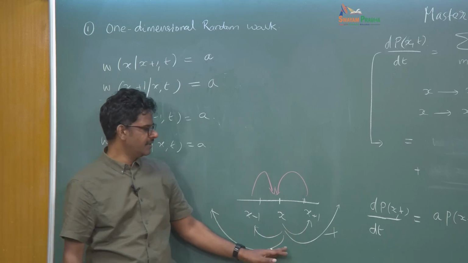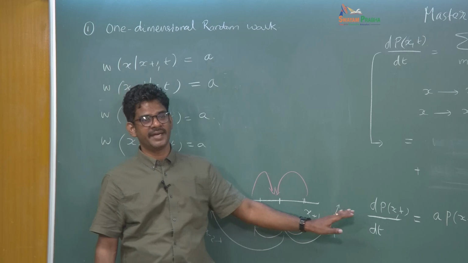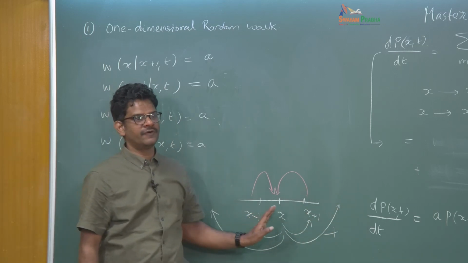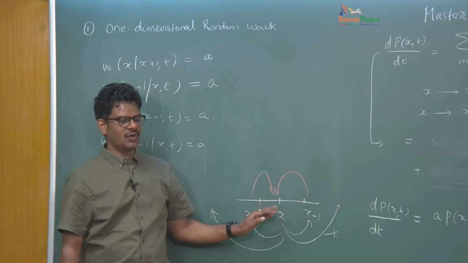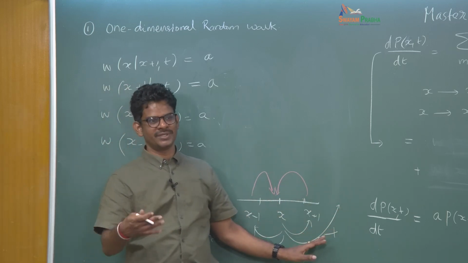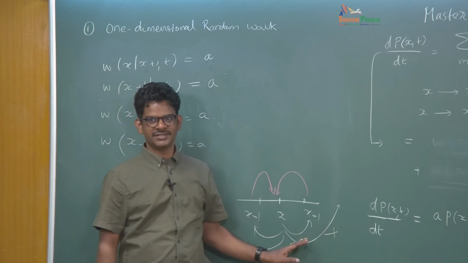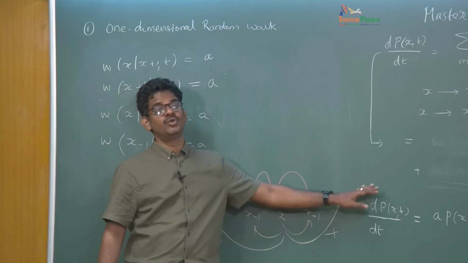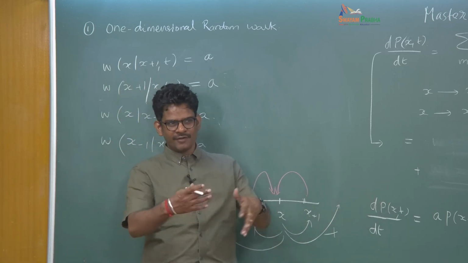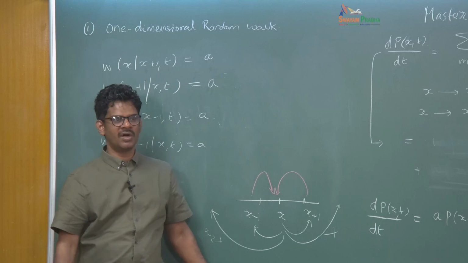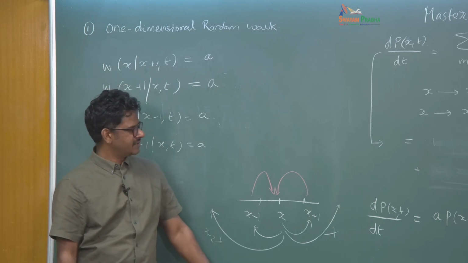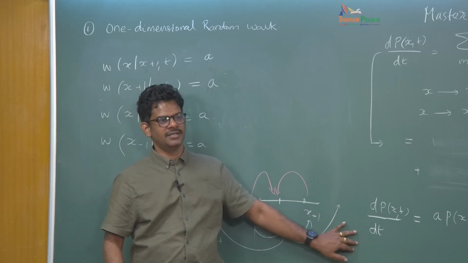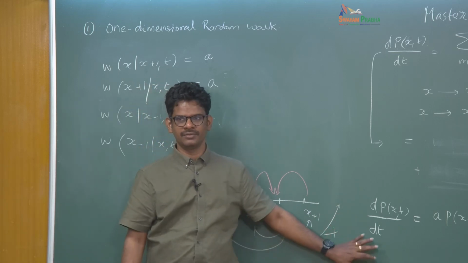You may have a biased random walk because there may be a potential acting on this particle that it prefers to go in one direction more often than the other, or you may want to say that the step change can also not be a unit distance. You can have super diffusive behavior where once in a while the step can be 2 times the unit length. A lot of variations is possible depending upon what process we want to model. Okay, but it's very important to understand this very basic level theory, and then you can always adapt and modify to different situations.